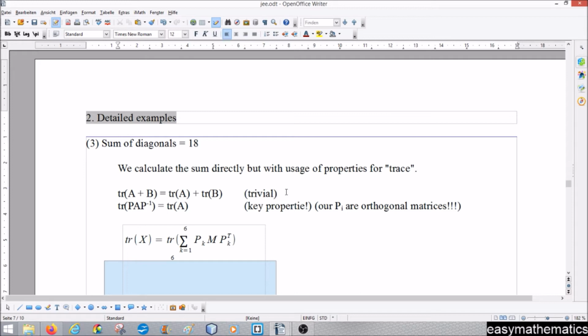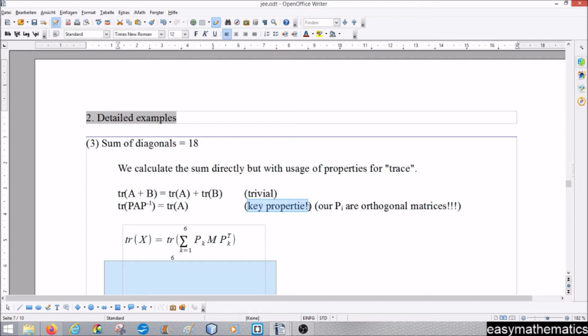Okay, and the second one is that the trace of a matrix A is the same if we put a P to the left and P to the power minus 1 to the right of A. Okay, this is the key property. This is what you should know.